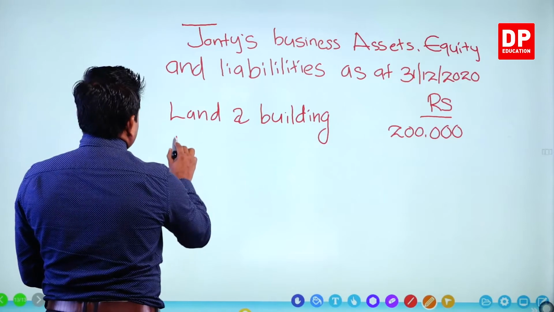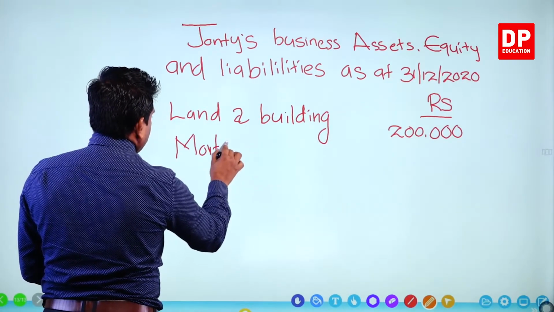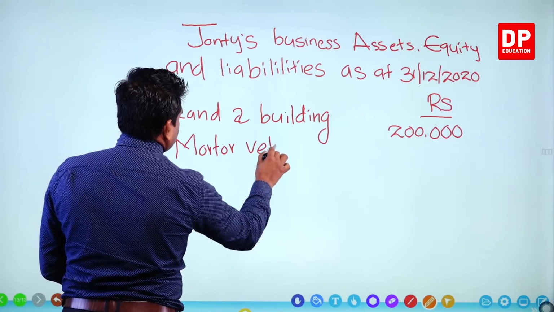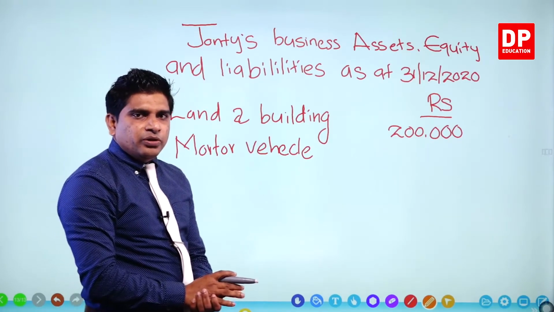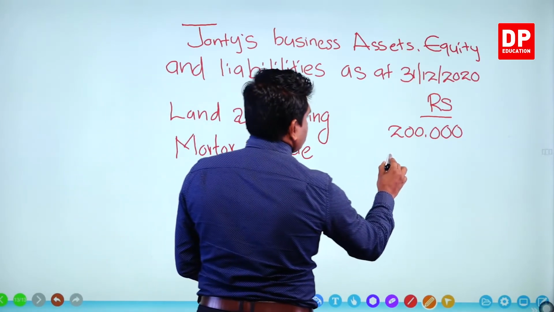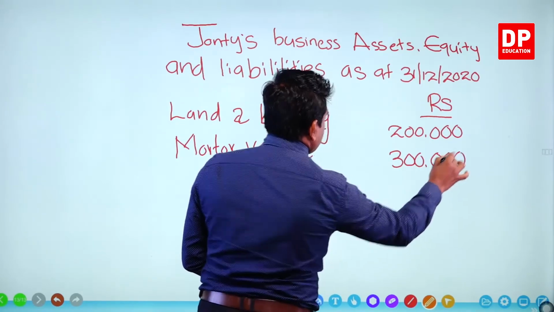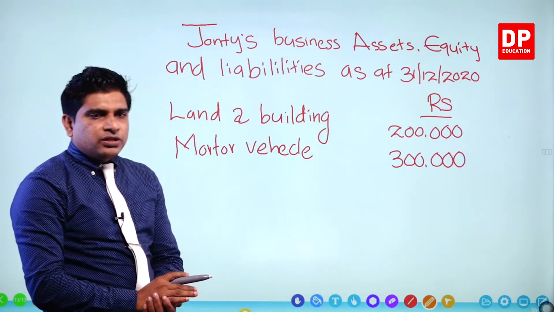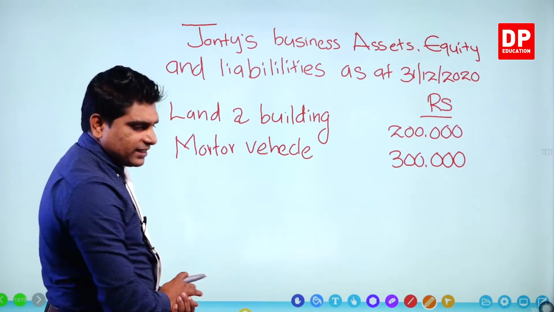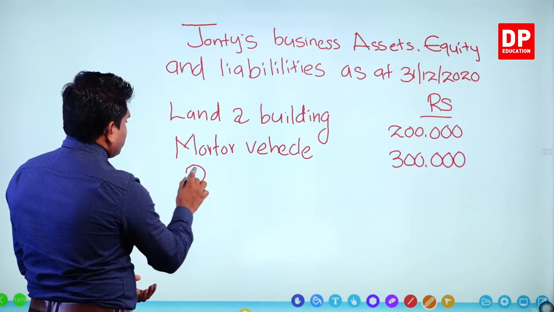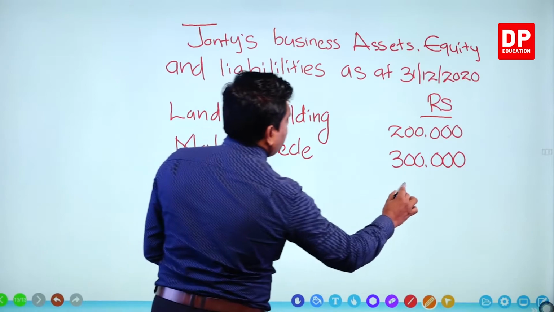Motor vehicle value 300,000. Then the other one is debtor. How much? 50,000.